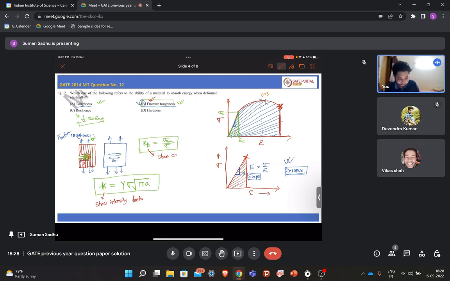Stress concentration is a different thing. Stress intensity is a different thing. Although they are related in some way, both terms are a bit different. So in the case of the stress intensity factor, this Y depends on the geometry of the sample, and this sigma is your applied sigma.